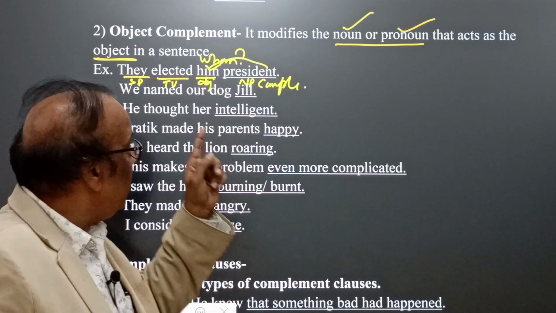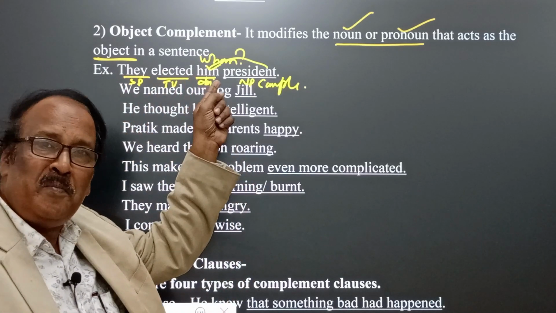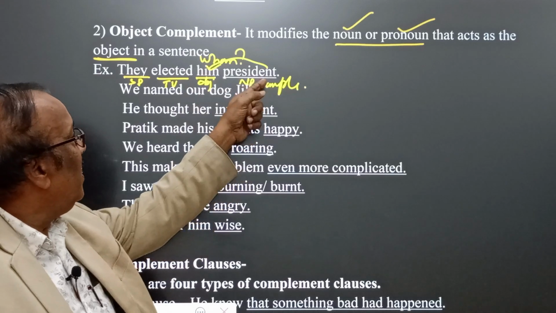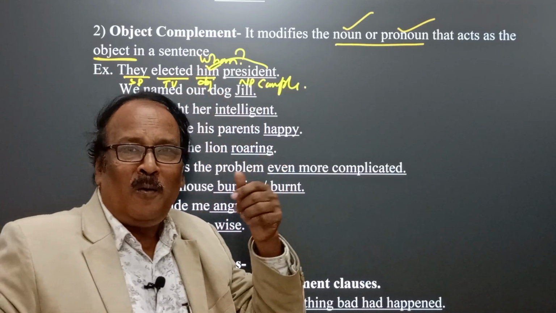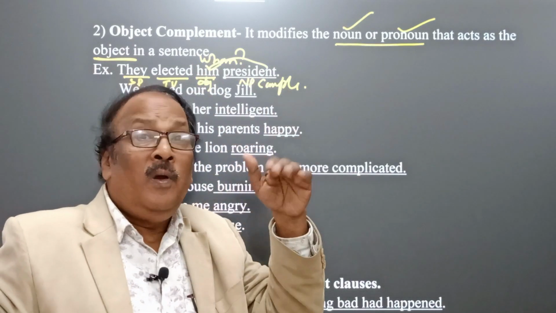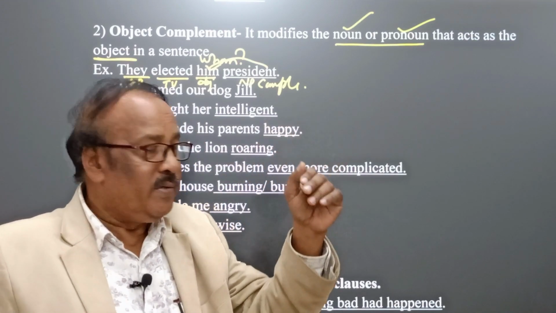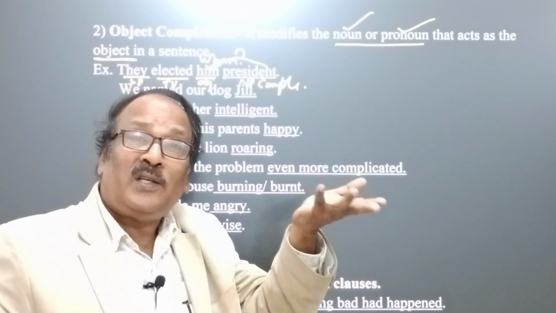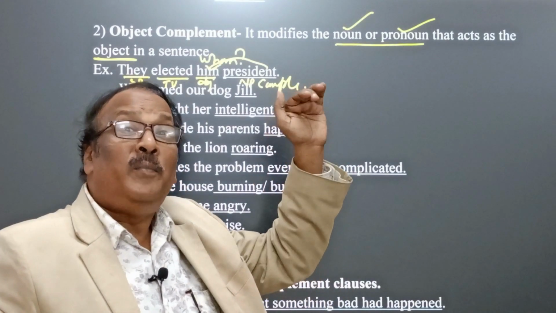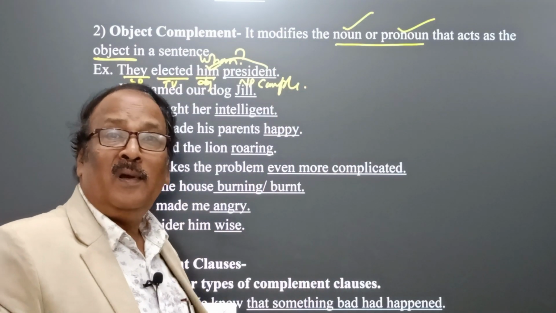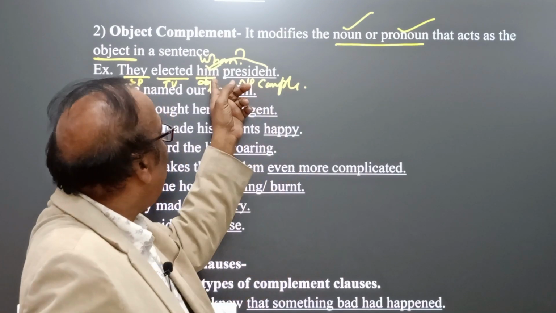Once again, they elected whom? Him. I mean, in this place, him is the pronoun. For example, in the place of him, they elected Mr. Das president. Mr. Das is the object, and president is the complement of either Mr. Das or him.